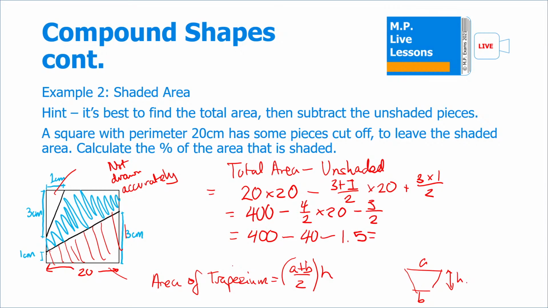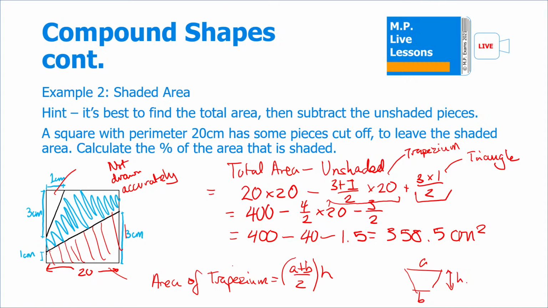And then we get, in the end, 358.5 centimeters squared, because we've taken off, this was the trapezium, and this here was a triangle. So these were both the unshaded areas.